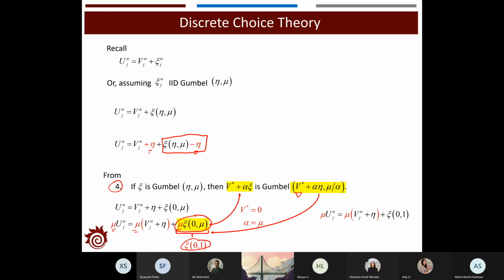For the utility, you get the conversion as mu times uj equal to mu times vj plus eta plus the standard Gumbel distribution. But you know that usually for the utility functions, we don't care about the absolute value.